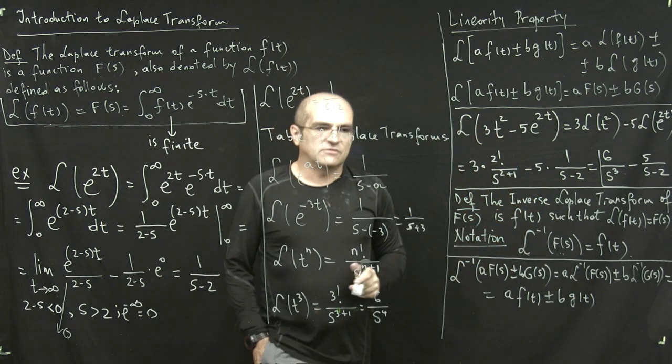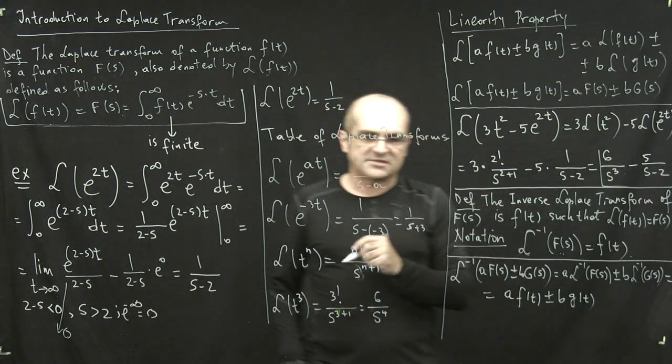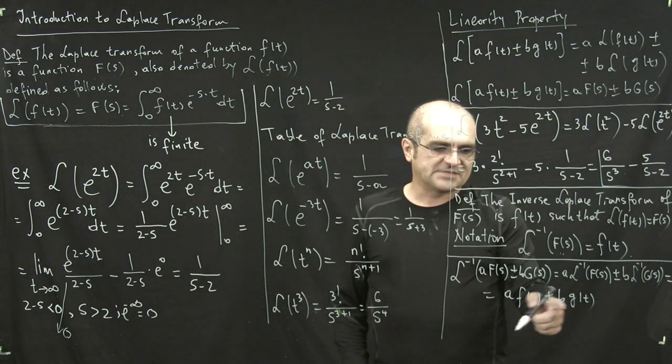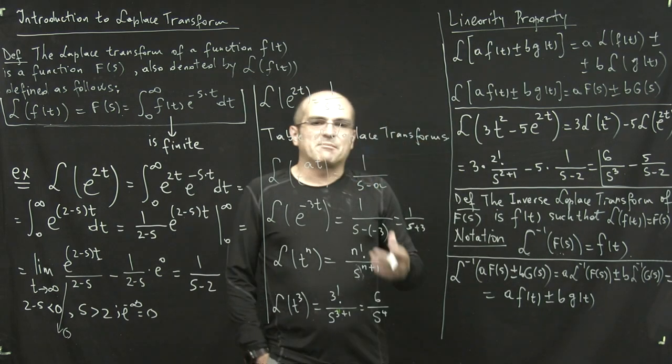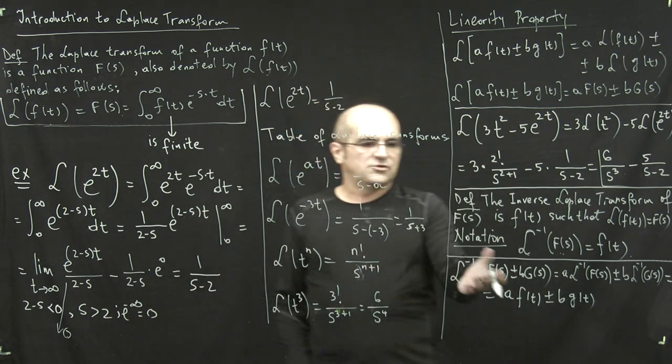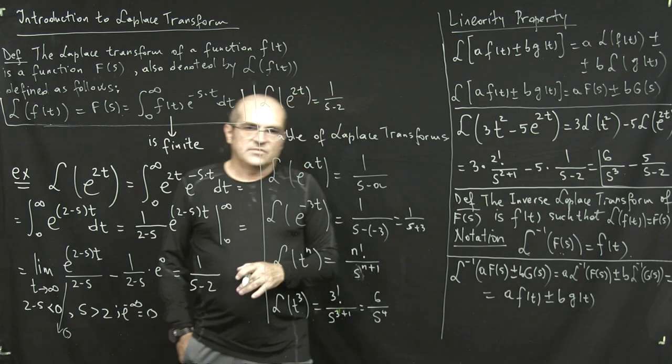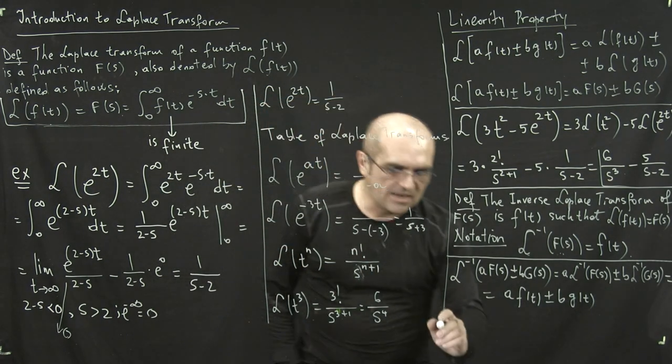So L inverse of A big F plus B big G of S is A little f of t plus B little g of t. With examples, this will make more sense, but again, the idea is you could pull out the constants just like you did here, and then apply the table formula here.